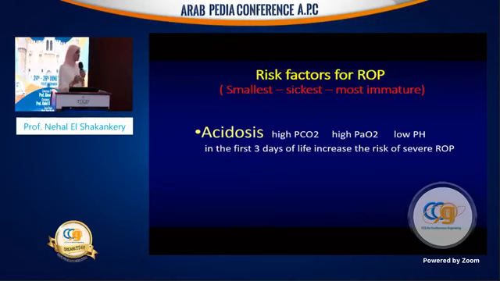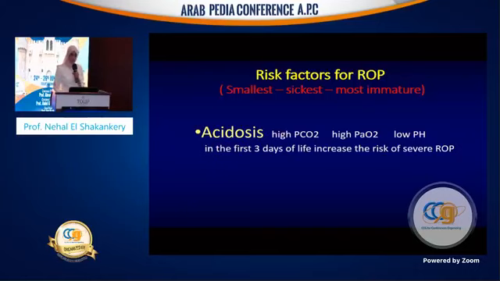Acidosis, there is still no clinical evidence in ophthalmology to prove it, but it is considered one of the risk factors. And if you have a triad of high PCO2 and high PaO2 or low pH in the first 3 days of life, there is increased risk of severe retinopathy of prematurity in these infants.